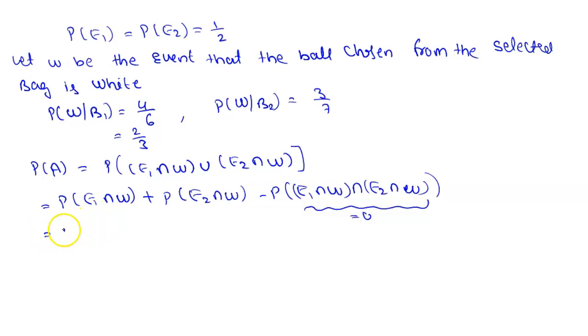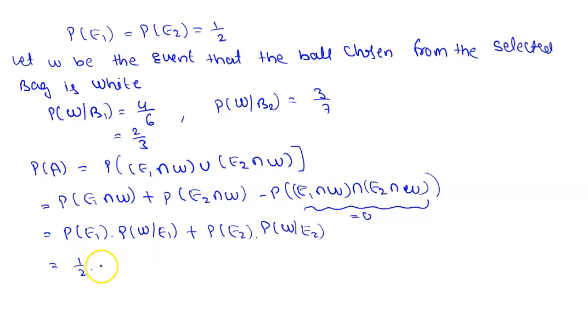So here this is equal to P of E1 intersection W. By the multiplication theorem this can be written as P of E1 into P of W by E1 plus the same thing, P of E2 into P of W by E2. So here this is equal to P of E1, that value is given by 1 by 2, and W by E1, that is nothing but 2 by 3, plus P of E2, 1 by 2, and W by B2 is 3 by 7.